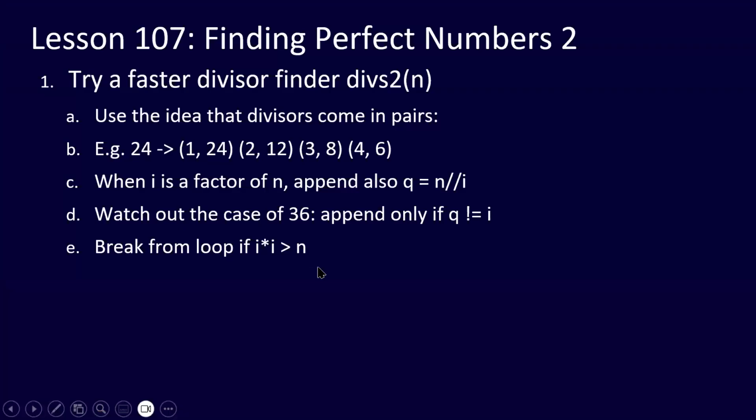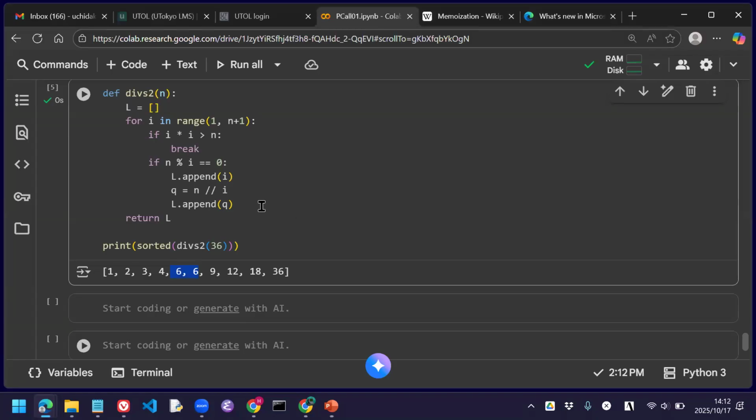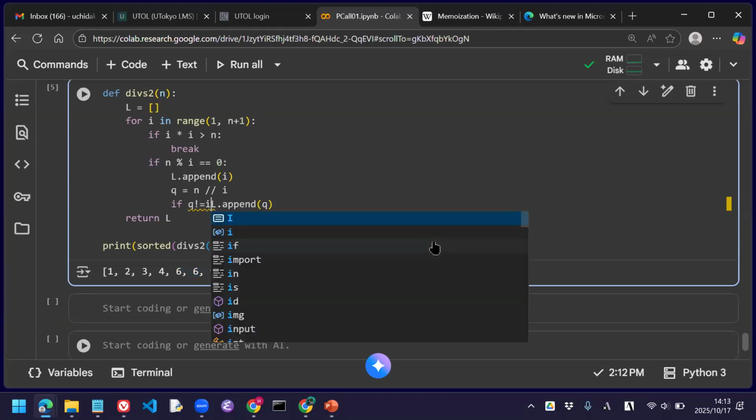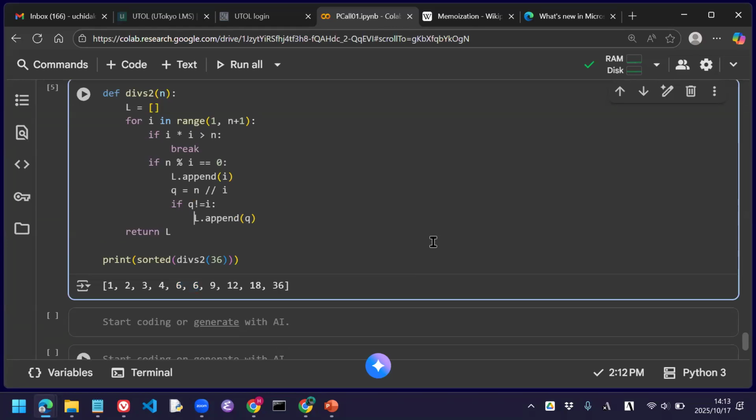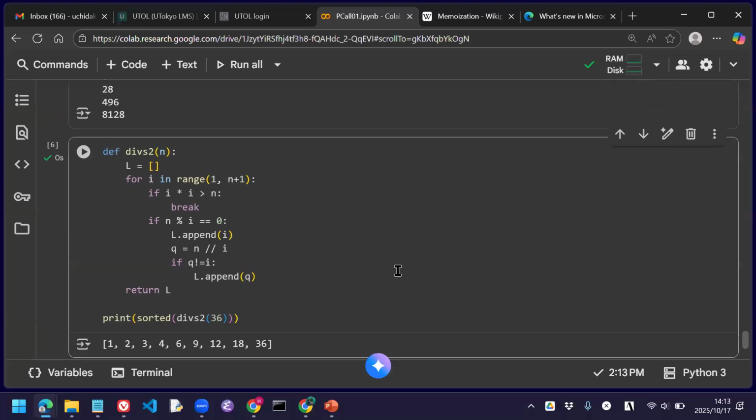So the point is to append only if q is not equal to i. So here, instead of writing L append q, we should write if q is not i, append to L. This is better. Let's check that. Okay, now we have only one 6, which is fine. Okay, so it seems good.